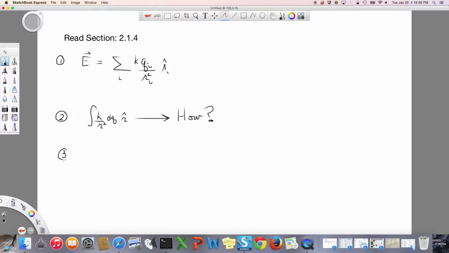And finally, when we consider our charge densities, lambda, sigma, and rho, lambda being the charge per unit length, sigma being the charge per unit area, and rho being the charge per unit volume.